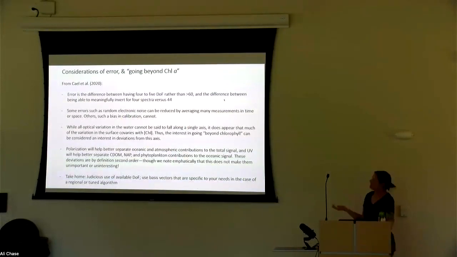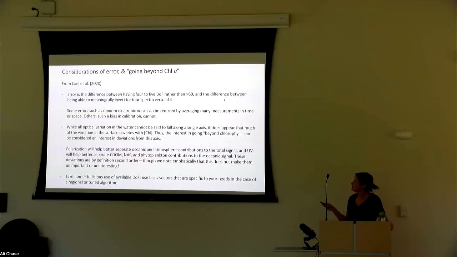So to that end, there were some nice points highlighted in the Kramer et al. paper related to this effort of going beyond chlorophyll a and how to get there, and how the error or uncertainty in the data play a major role. Careful data collection is obviously important, but at the very least, careful quantification and propagation of error during algorithm development is needed.